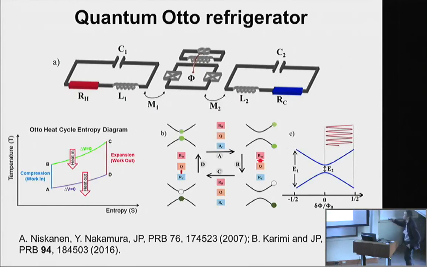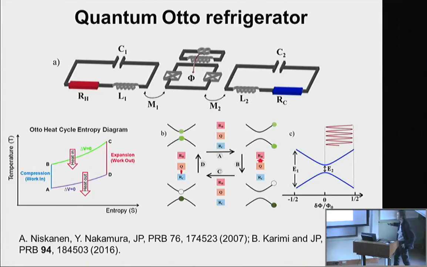Then the population in the qubit is determined by this cold bath, and after that you change the flux position, and the 2 systems decouple from each other. This is an adiabatic phase where the population remains constant until you increase the level spacing such that it resonates with the left reservoir here. In this case, the system relaxes essentially back to the ground state.